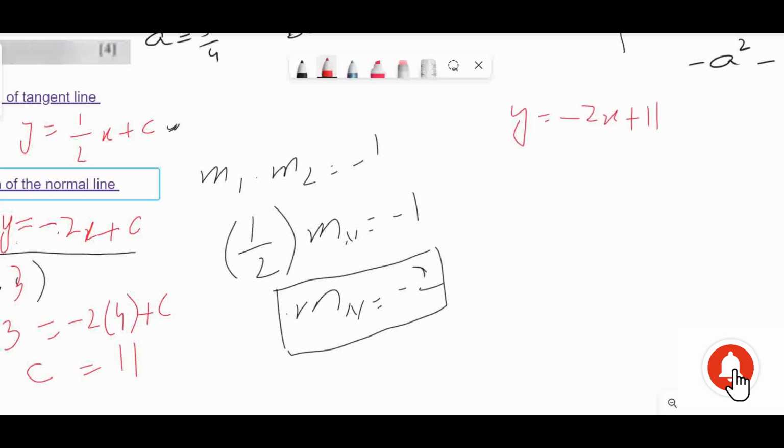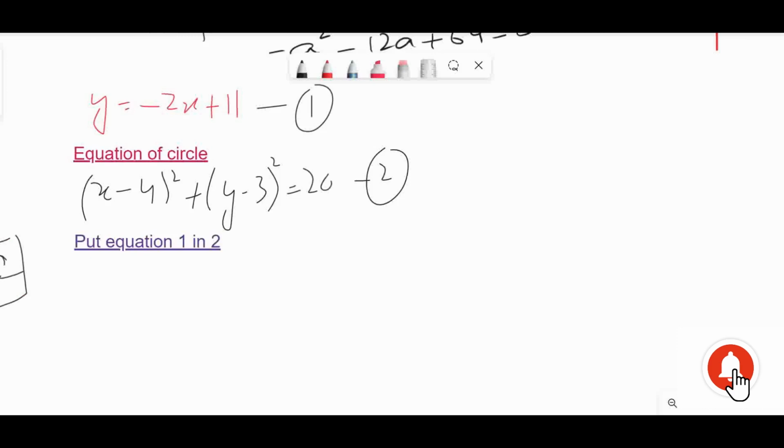Now as we have seen in the previous part, the equation of the circle is x minus 4 whole square plus y minus 3 whole square equals 20. The first one is the equation of the normal. So we have to put the values over here. Simply put equation 1 in equation 2.